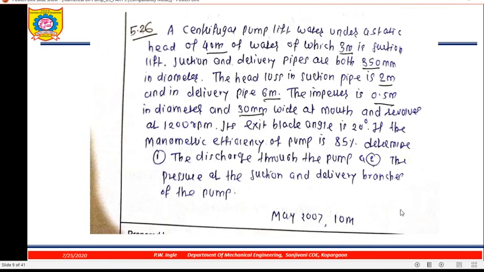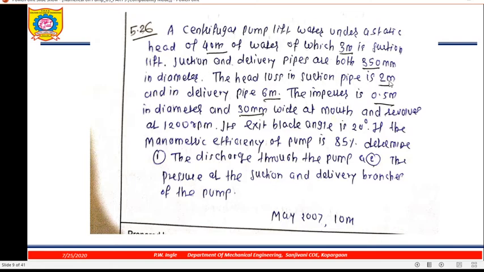A centrifugal pump lifts water under a static head of 40 meter of water. Static head is what? It is a summation of suction head plus delivery head, of which 3 meter is suction lift. So suction head is 3 meter, so delivery head is how much then? 37 meter. It is 40 minus 3 meter. Suction and delivery pipes are both 350 mm in diameter. The pipe diameter is same, that is 350 mm.